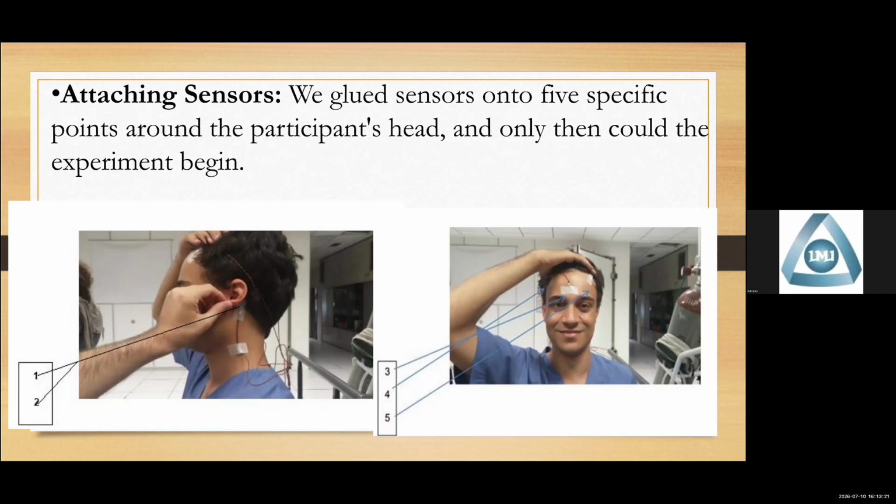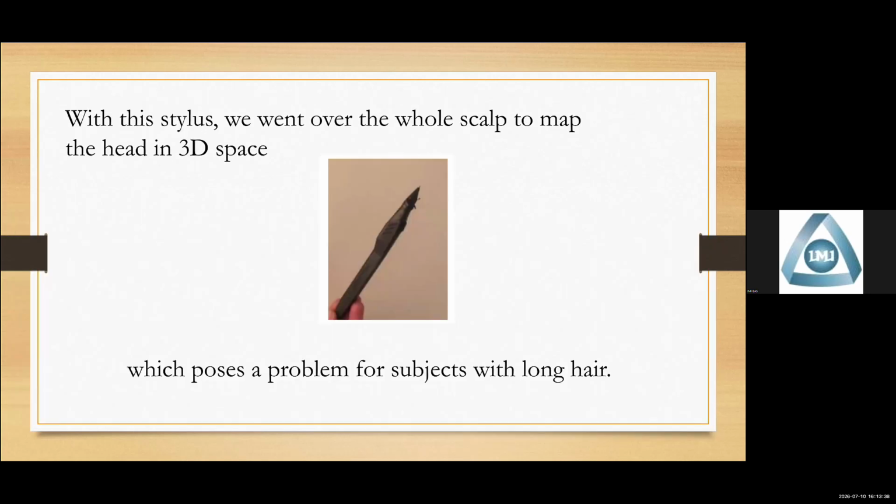We glide sensors into 5 specific points around the participant's head, and only then could the experiment begin: this one and these 2, 3, 4, and 5. With this stylus, we went over the whole scalp to map the head in 3D space, which poses a problem for subjects with long hair.